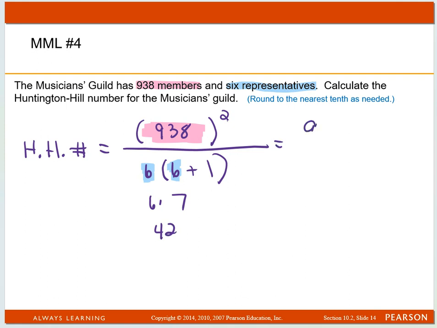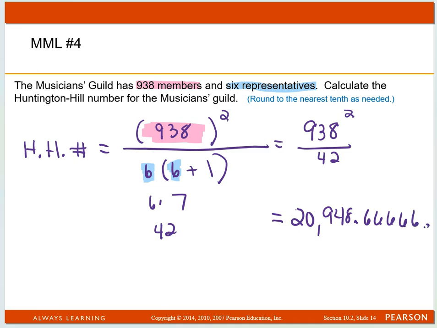So you might do a little bit on your calculator, but all I have to do is take the 938 squared and divide it by 42. And that's going to give me 20,948.6666. It just keeps going.